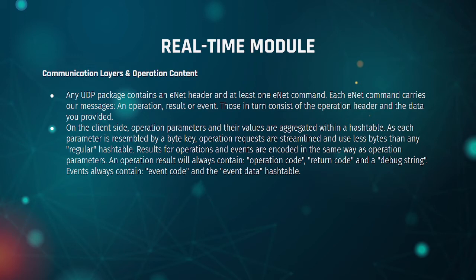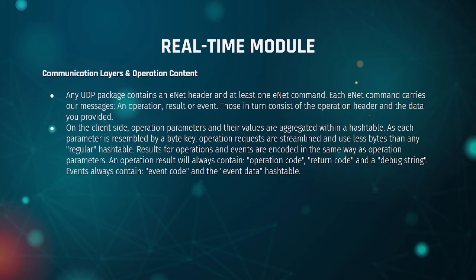On the client side, the operation parameters and their values are aggregated within a hash table. The hash table is like the basic data structure that contains more data than one variable. They are keyed by a byte key, and the operation requests are streamlined and use fewer bytes than any regular hash table.